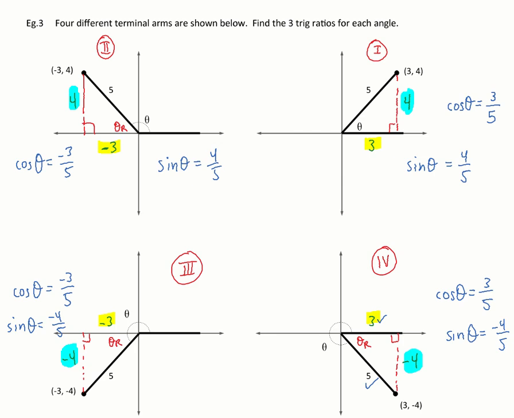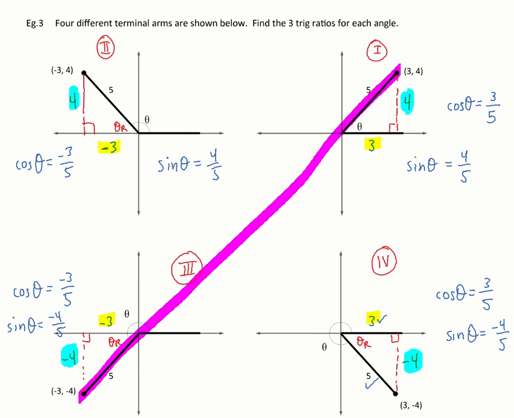Okay, tan we said was like slope. So let's think, in which two quadrants is slope positive? Well, slope is positive whenever we're rising to the right. So those terminal arms both have positive slopes. Well, let's watch what happens when we calculate tan. Here. Tan of theta is equal to, well, it's the opposite over the adjacent, or the y over the x.